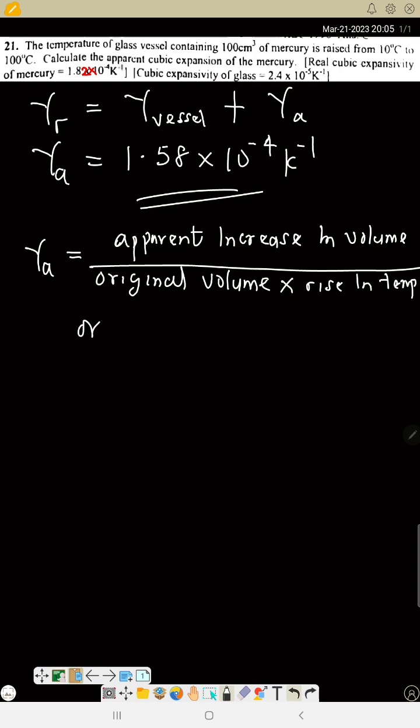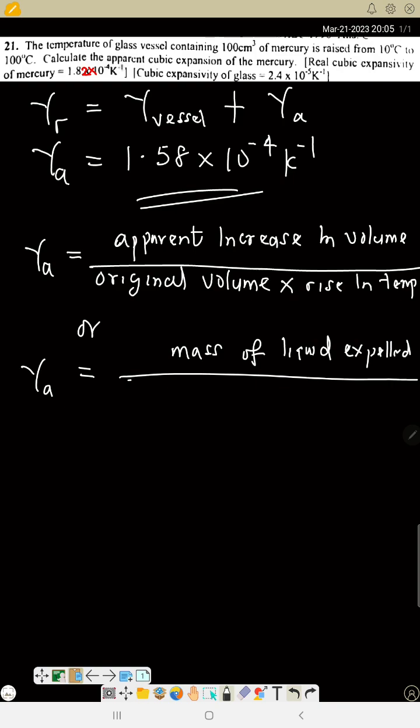Or apparent expansivity can be mass of liquid expelled, so if there is any liquid that escapes the vessel, mass of the liquid expelled over mass of liquid remaining times rise in temperature.